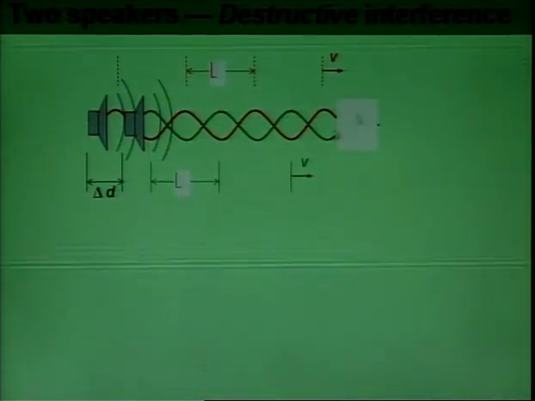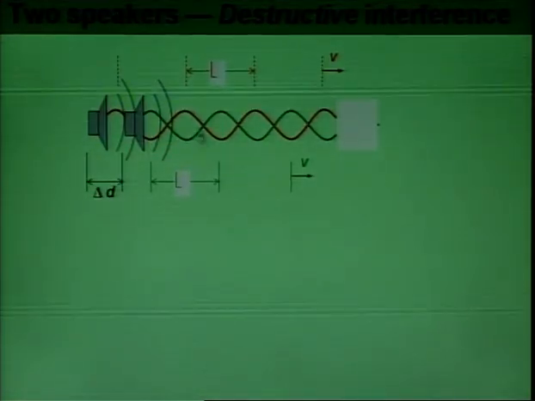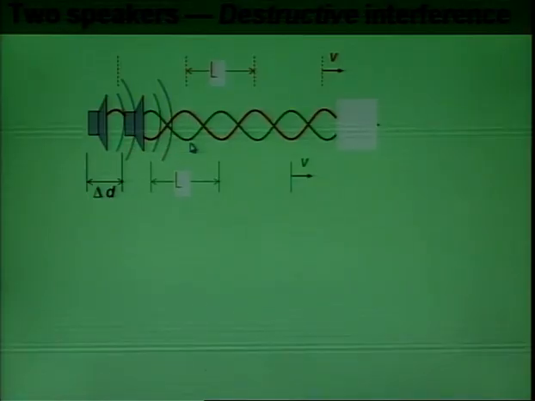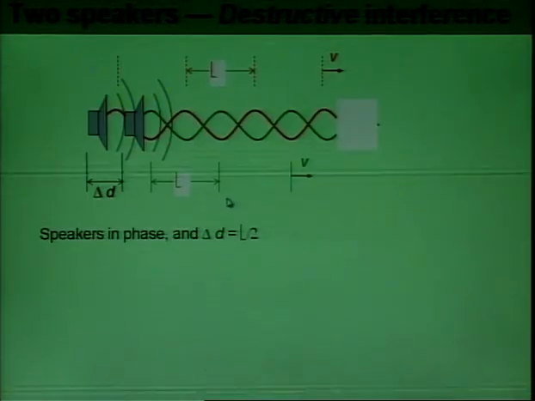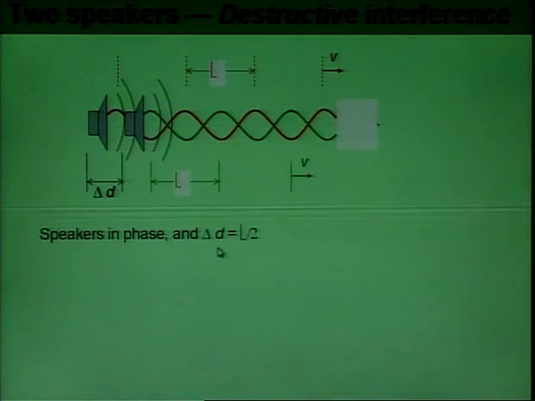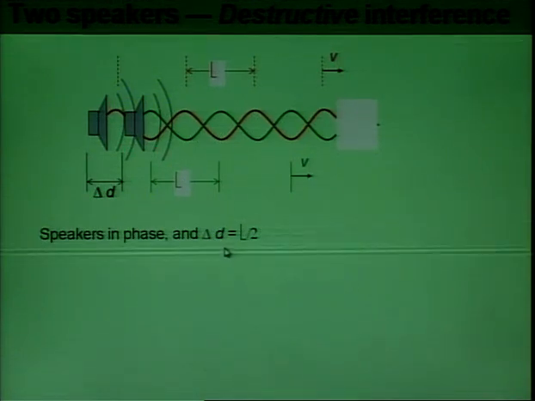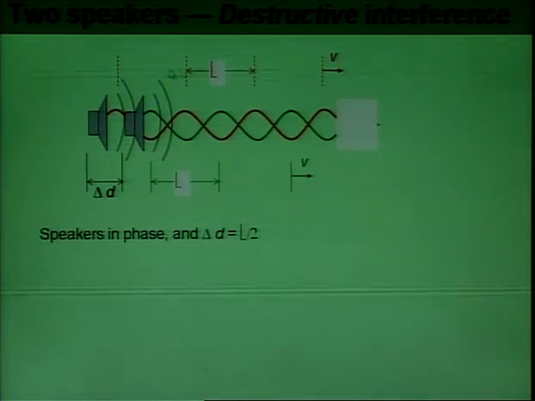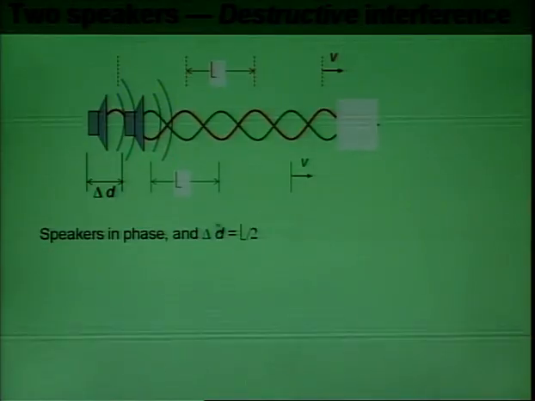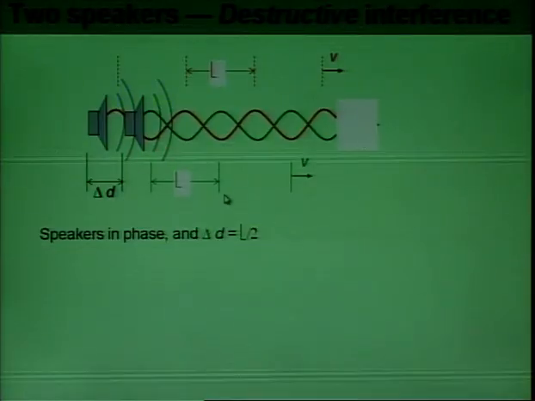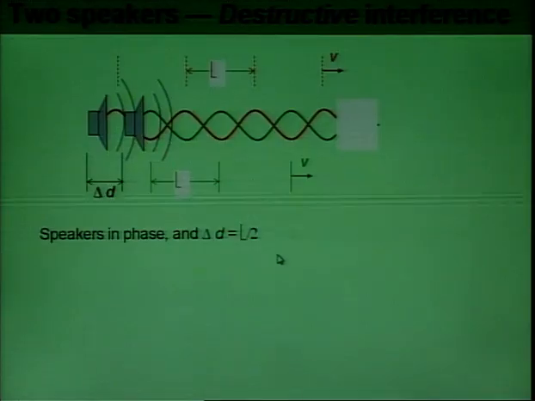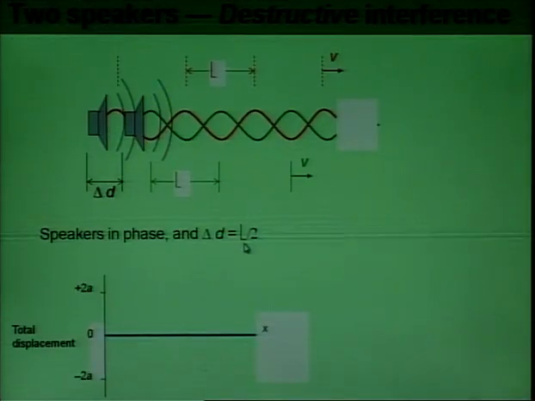Now in destructive interference, we know it happens when the waves are in opposite phase. So for opposite phase, the path difference delta L is the phase difference. We can measure phase difference in terms of angle, in terms of time, or in terms of path difference. So when the path difference is L by 2, destructive interference occurs.